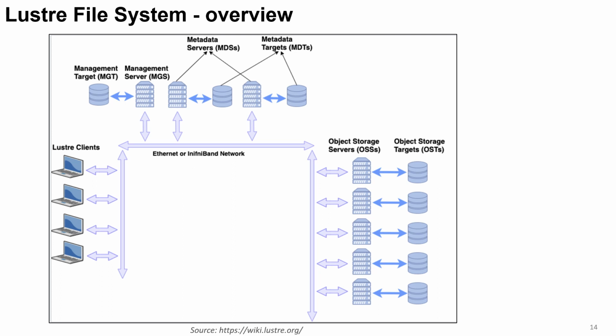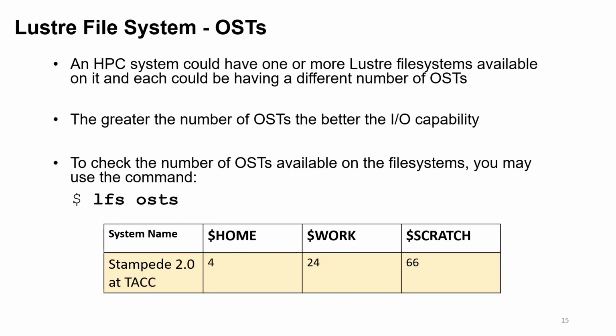It should be noted that an HPC system can have one or more Lustre file systems available on it, and each could be having a different number of OSTs. To check the number of OSTs available on the file systems connected on your HPC system, you may use the LFS OSTS command. Here on this slide, we are showing the output of running the LFS OSTS command.